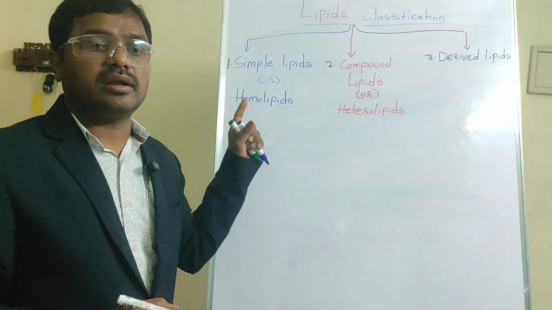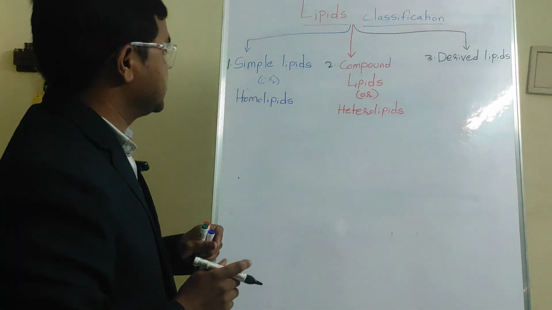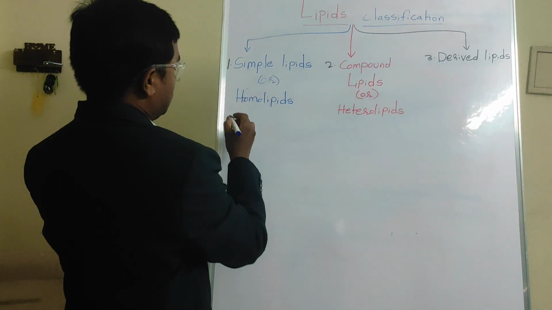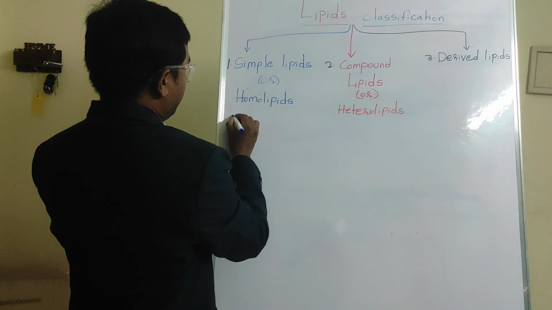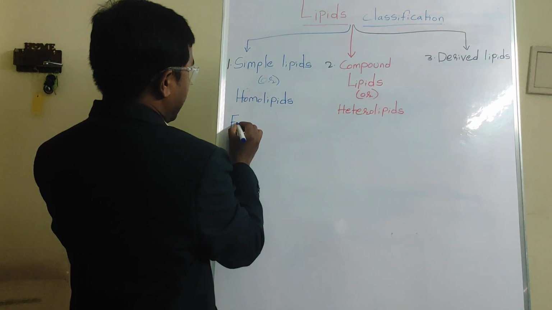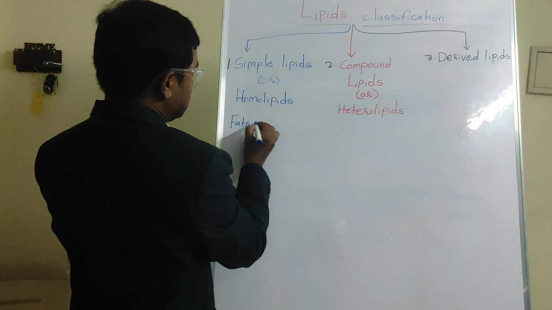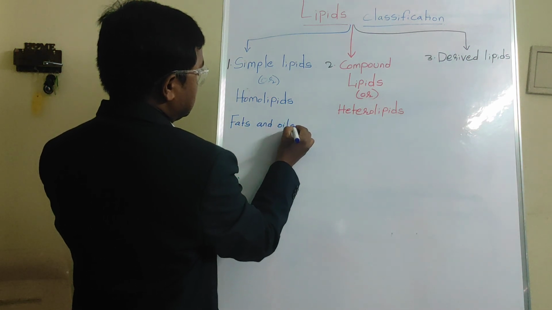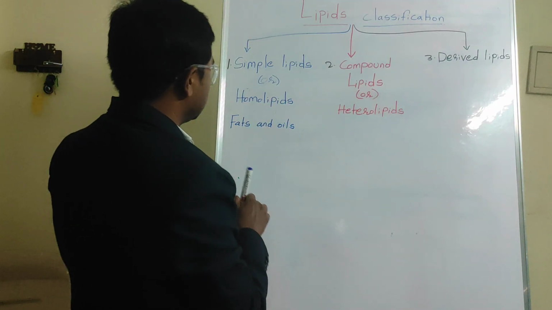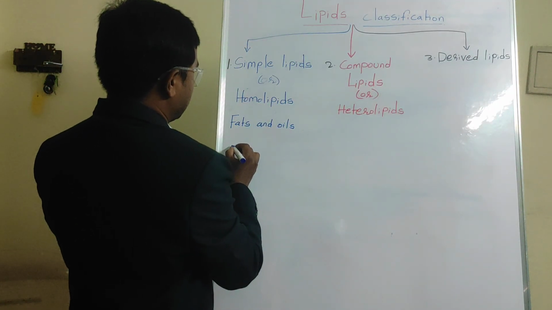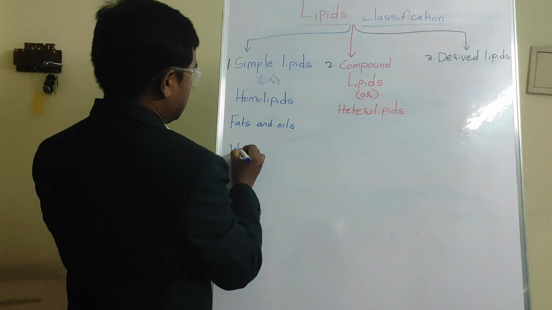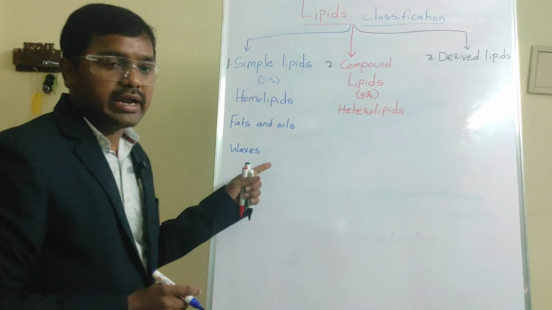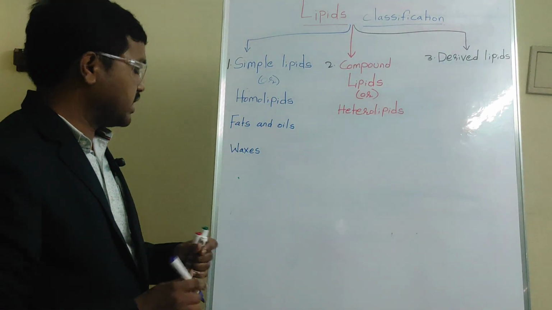Again, simple lipids are classified into two types: fats and oils, and second one is waxes.